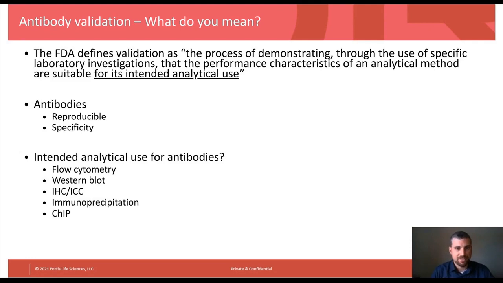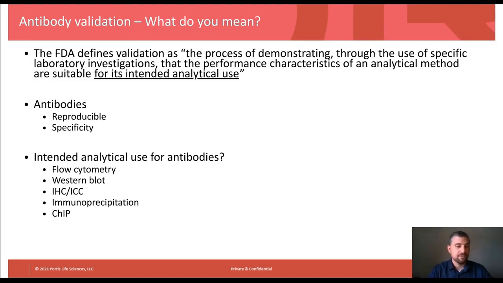And that last statement there that I've underlined about it being for its intended analytical use, I think really captures a lot of what antibody validation is about, because not only are you trying to ensure that your antibody is reproducible and is specific for what you're trying to do, it's also really important that the use of that antibody is consistent.